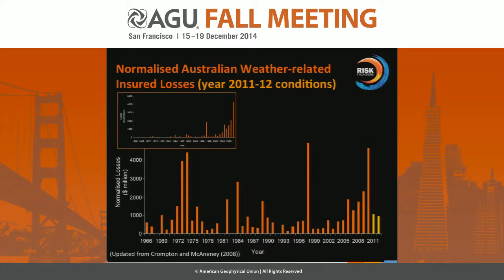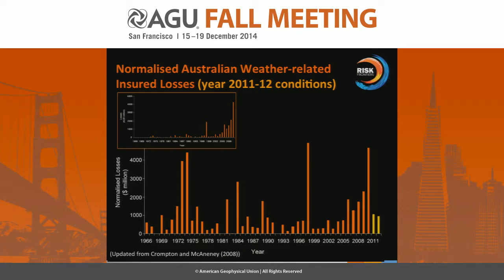In the bottom is the normalised losses. So what we're trying to do is say, if these events all happened in 2011, what would be the cost? In our case, we've adjusted for the change in the number of dwellings, the changes in the value of those dwellings, less the value of the land, and the fact that newer houses tend to be bigger than older ones.